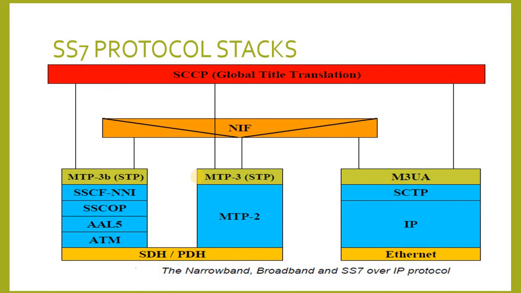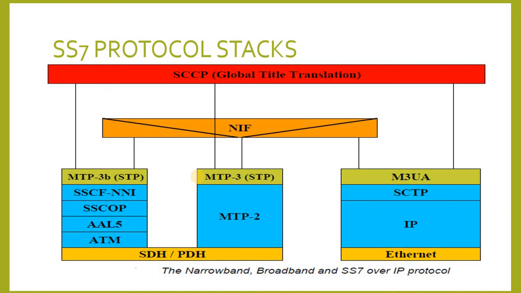The lowest MTP layer in narrowband and broadband refers to the physical transport medium. In our case, this is either SDH/PDH. Briefly, for narrowband MTP layer 2 provides the reliability of a message transfer using the traditional 64 kb per second time slot. The transmission medium was a dedicated physical resource, whilst the signaling link was in existence.